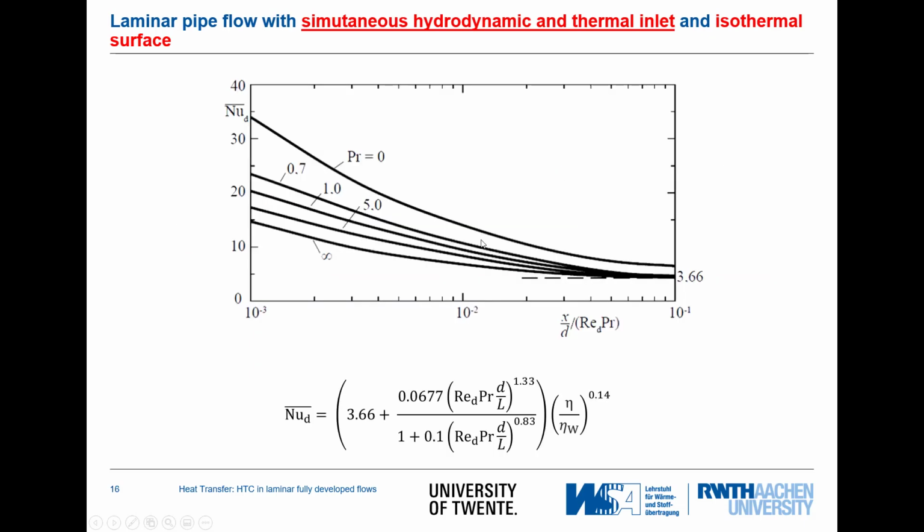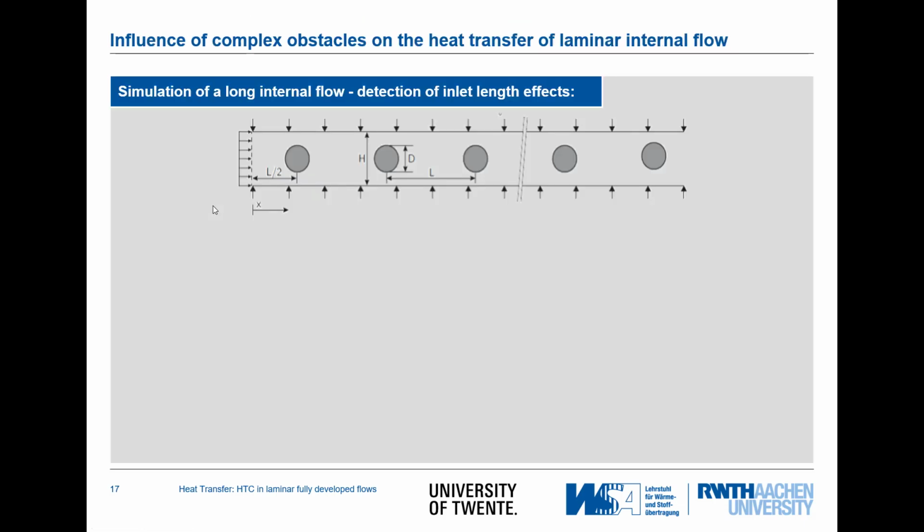For the case that both the hydrodynamic and the thermal boundary layers have fully developed, it's the same as we have seen before, the 3.66, but here in the inlet we have a little bit of different behavior, and this behavior is accounted for in the following correlation. Just make sure that you're using the right correlation for the right boundary conditions.